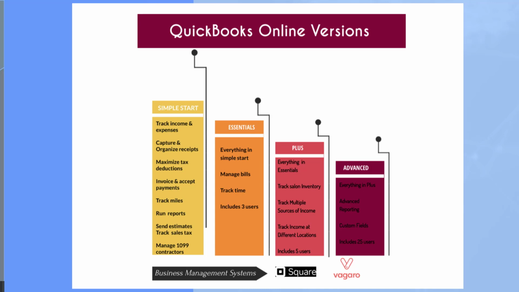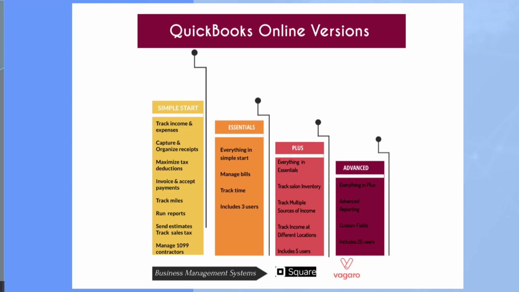I'm not quite sure, but it's a lot less than the Advanced version. So if you don't sell retail, or you don't want to track retail within QuickBooks Online Plus, or if you don't need to track multiple sources of income, or if you have one single location, or if you're just a booth renter or a salon suite owner, you can actually get away with using QuickBooks Essentials or QuickBooks Simple Start.